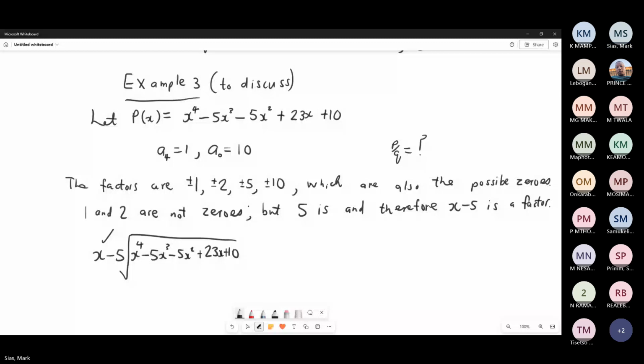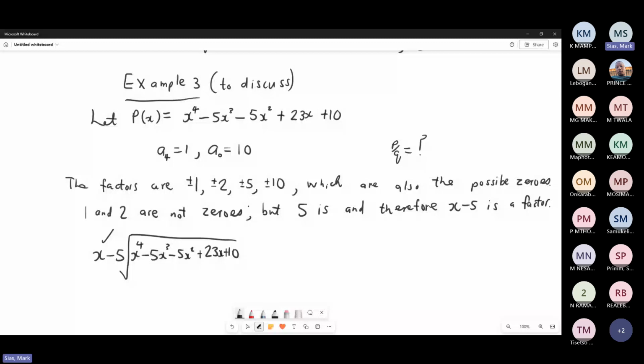If that's the case, it means that x minus 5 is a factor. So now we want to see the other zeros from this long division. The question is, how many times does x divide into x to the 4? Well, it divides in there x cubed times.